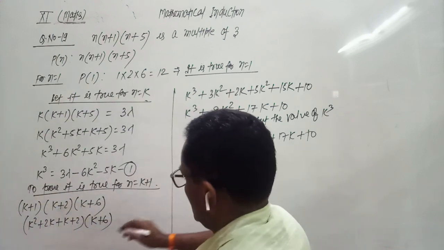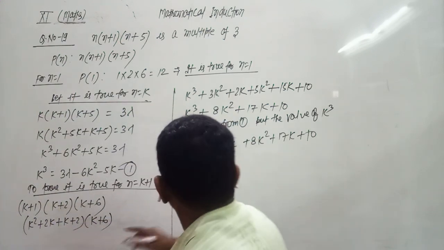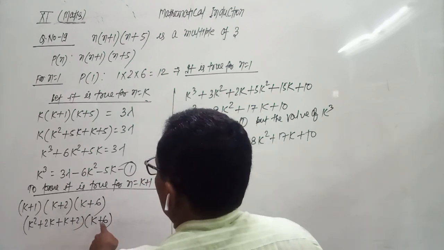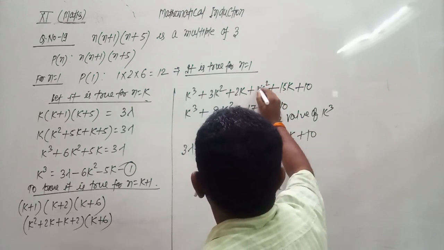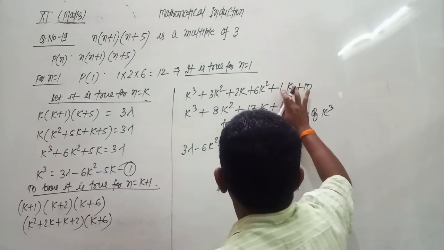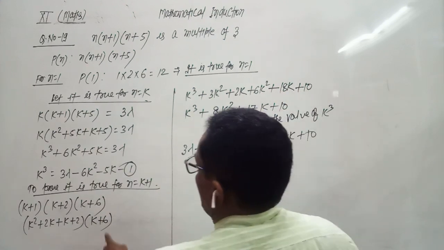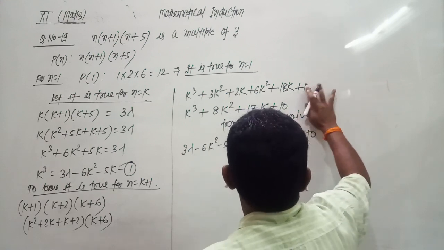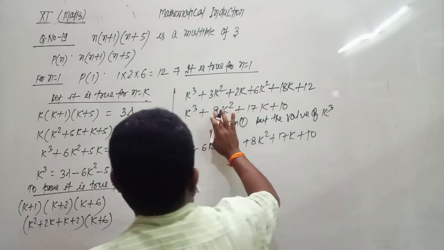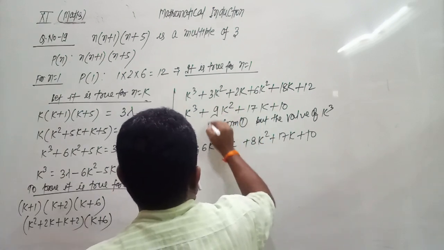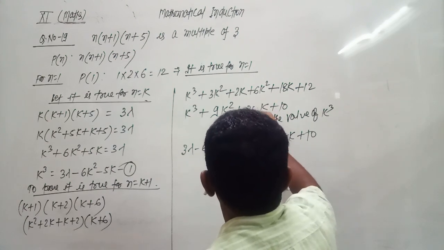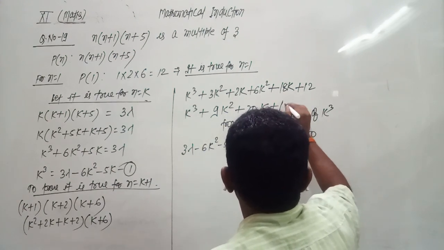Then k cube plus 2k plus k, 3k into k, 3k square, then 2 into k, 2k plus 6k square, 2k plus k, 3k into 6, 18k, and 6 into 2, plus 12. Then k cube plus 3k square plus 6k square, 9k square, 18k plus 2k, that is 20k and plus 12.